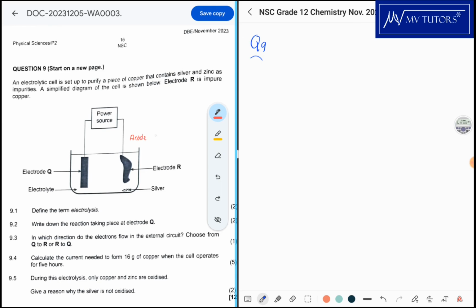All right, basically where oxidation occurs, the loss of electrons. Okay, so electrons are moving in that direction. Therefore, this side here would be the cathode where reduction occurs. Okay, so that's the cathode.